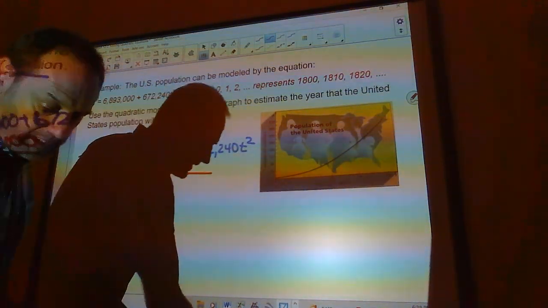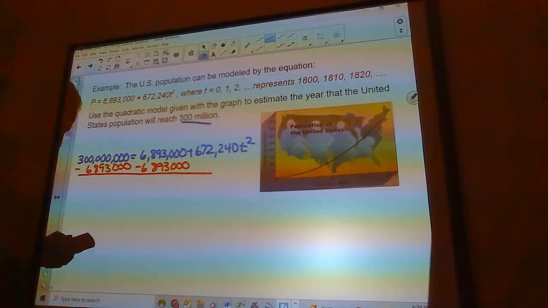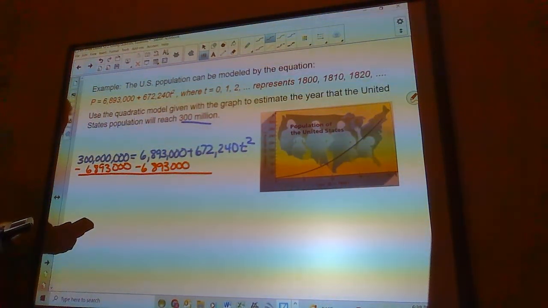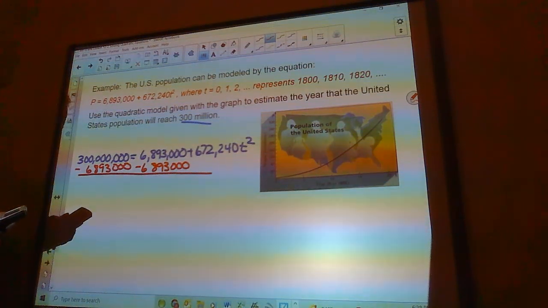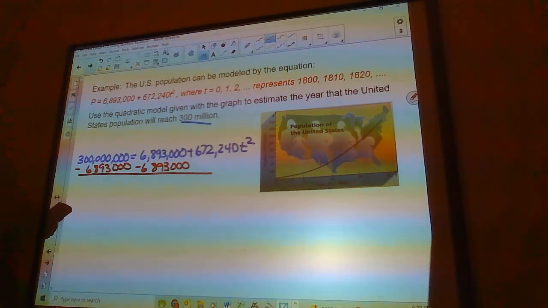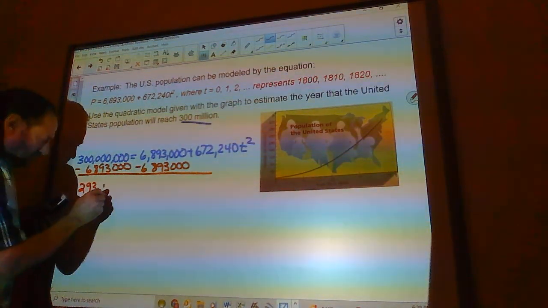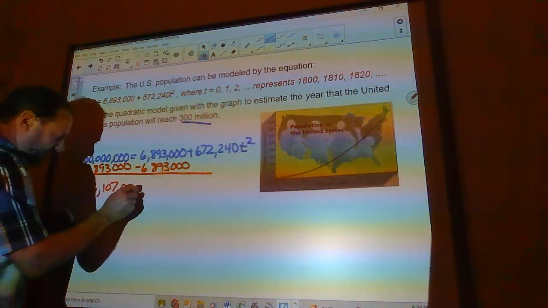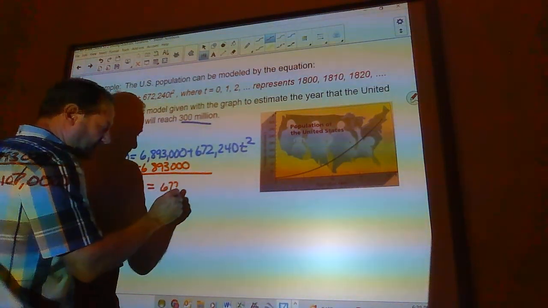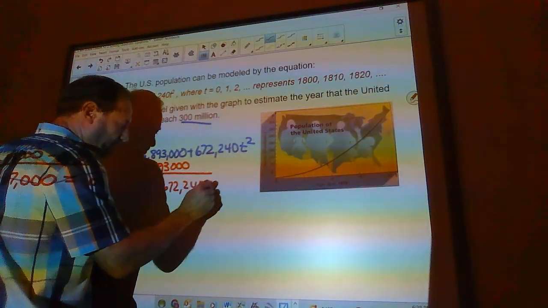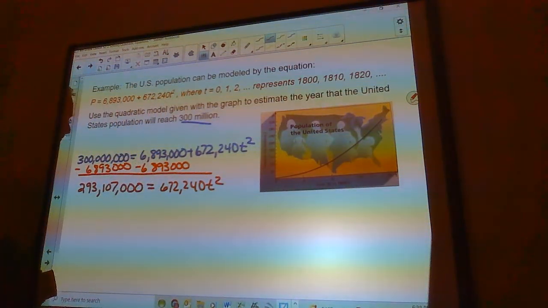All right, let's get out our handy dandy TI-84 Plus C Silver Edition graphing calculator so that we don't make any mistakes. 300 million minus 6,893,000 comes out to be 293,107,000 equals 672,240 t squared.